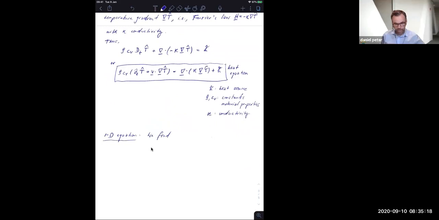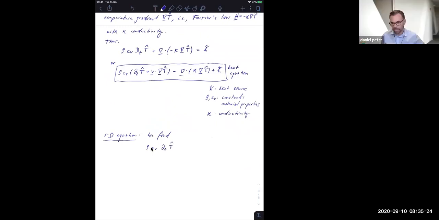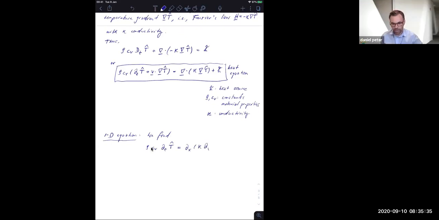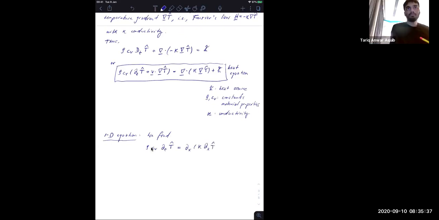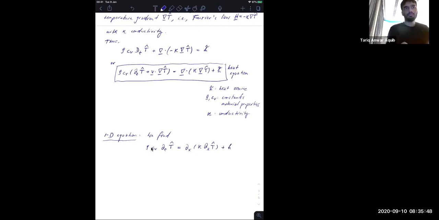So we find that we have rho C_V times the derivative of temperature with time, equal then to the derivative in space of the conductivity times, again, the space derivative of temperature, plus H. So this is the 1D heat equation, basically.